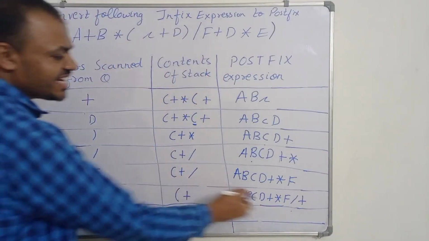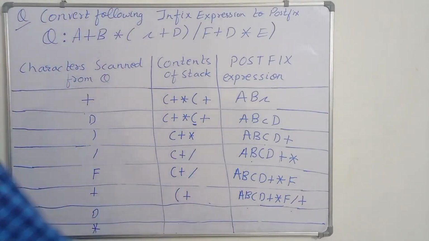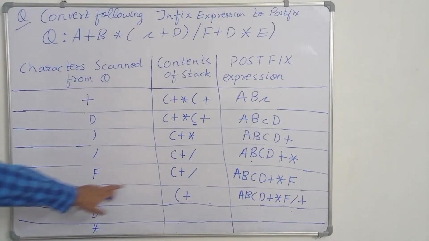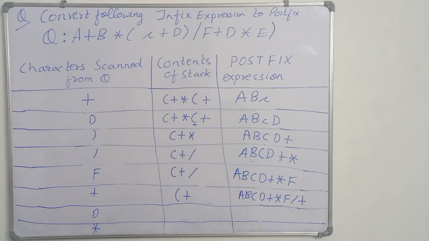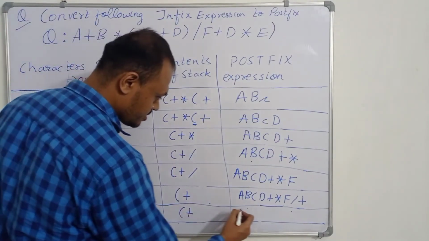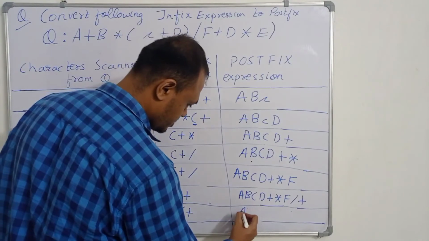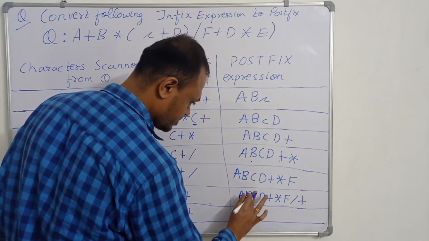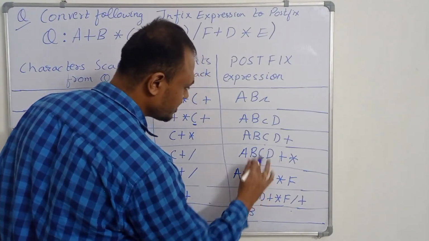See, this plus sign is moved here and this plus sign is moved here because the plus signs have the same precedence. So we will move the operator which has the higher or equal precedence to the postfix expression. Now the next we encounter D, so we will add D here. See, this is a small c.